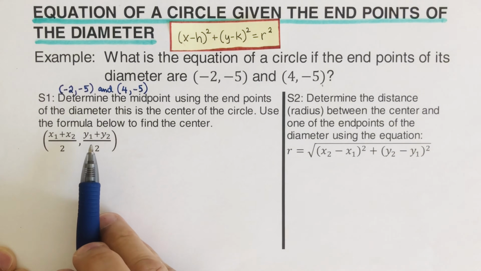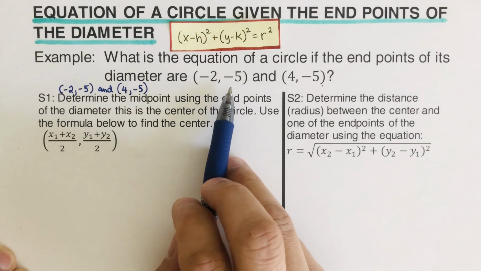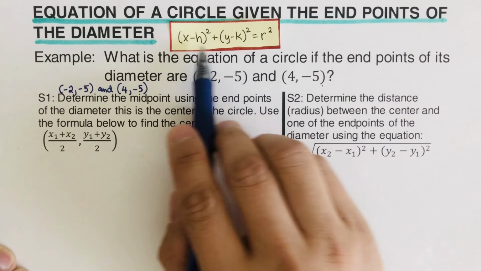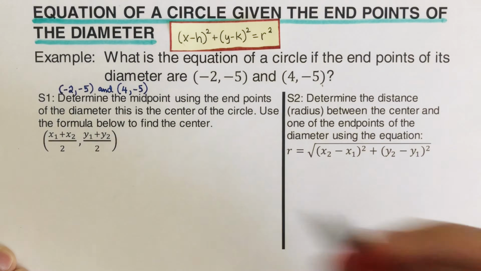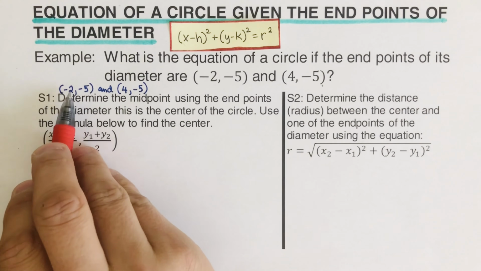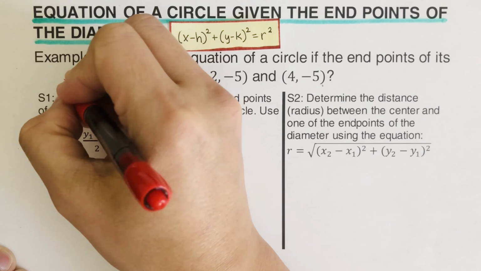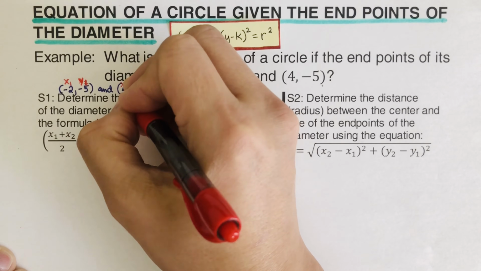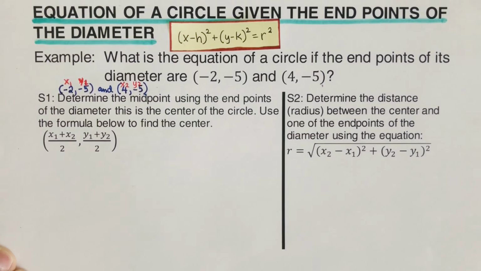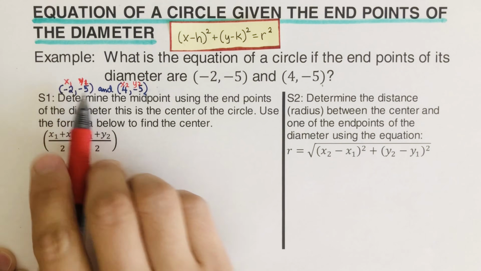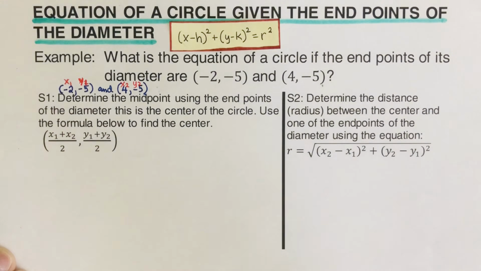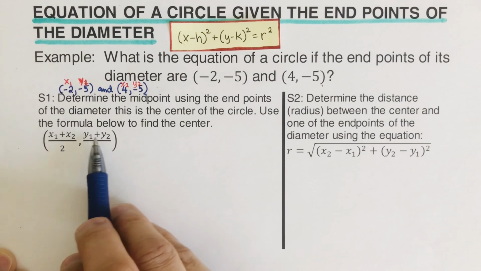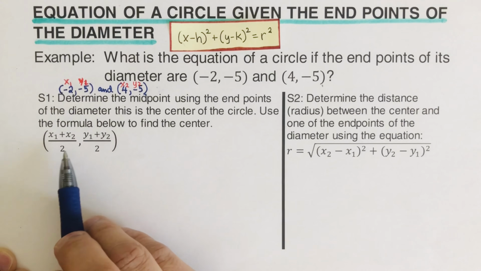Again, our target here is to find the middle of these two points, which is the center of the circle. We need that in order to write the equation of the circle. So here we label this as x sub 1 and y sub 1, and this is x sub 2, y sub 2. Now we plug these values into the expression.